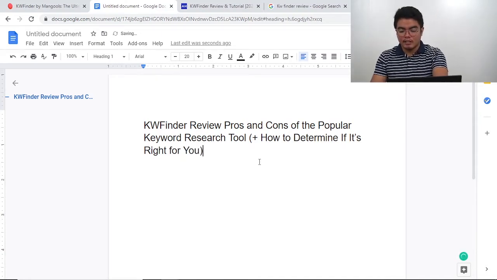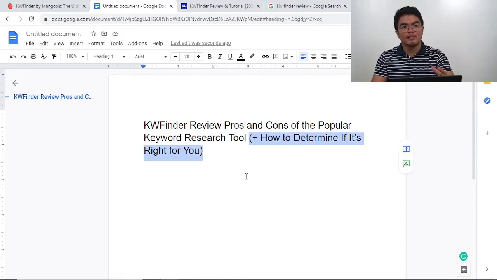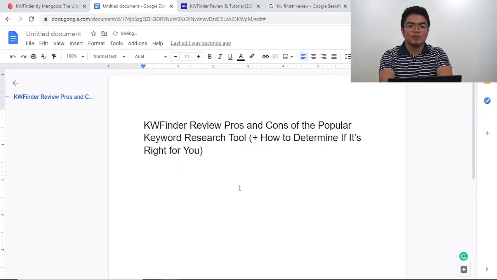As you can see, I'm telling everyone what's going to come in the blog. It's the pros and cons. And of course, I'm adding this since these are beginners, and they might not know if they really need a keyword research tool. To supplement this right off the bat, my first H2 is going to be, do I really need a keyword research tool?